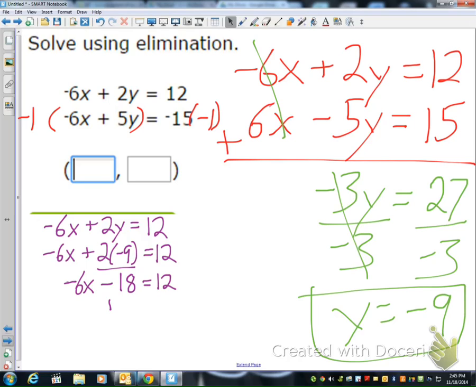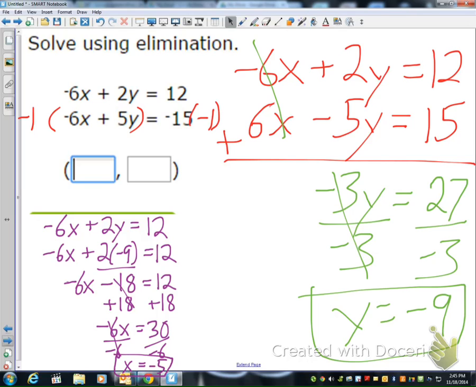And from there I'm going to add 18 to both sides. So I get -6x equals 30. And then I'll divide by -6. And I'll get x equals -5.